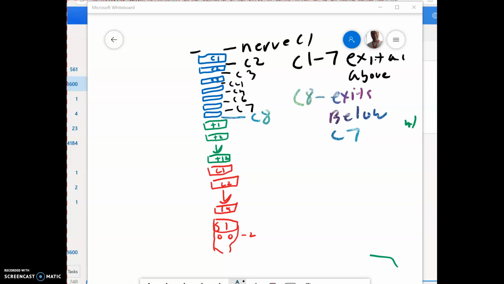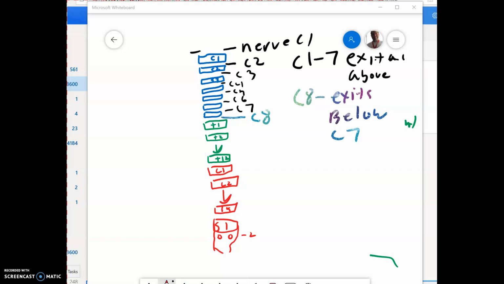You start numbering for C1 through C7, it exits above the cervical vertebrae with that name. Then C8 exits below the 7th cervical vertebrae. Yes, it is confusing. So again, C1 through 7 exit above the vertebrae they're named for, and then for some reason we have our glitter bomb C8 that exits below.